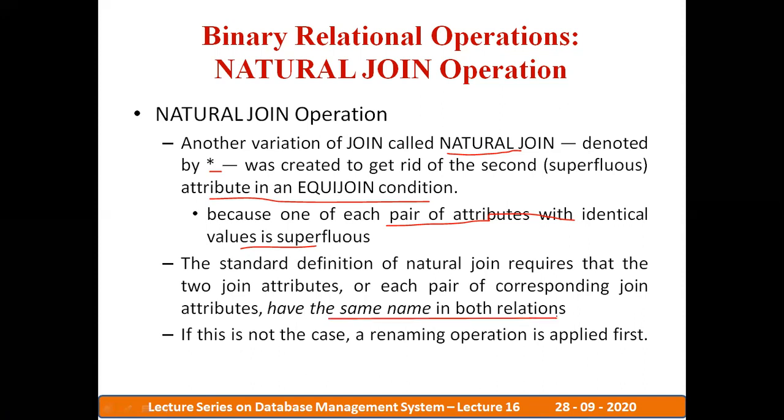That means whenever you want to perform a natural join on two relations, for example R natural join S, the name of the joining attribute in relation R should be the same as in relation S. Only then can you perform the natural join. If there is no same name, then first we need to perform the renaming operation, and after that you can perform the natural join.